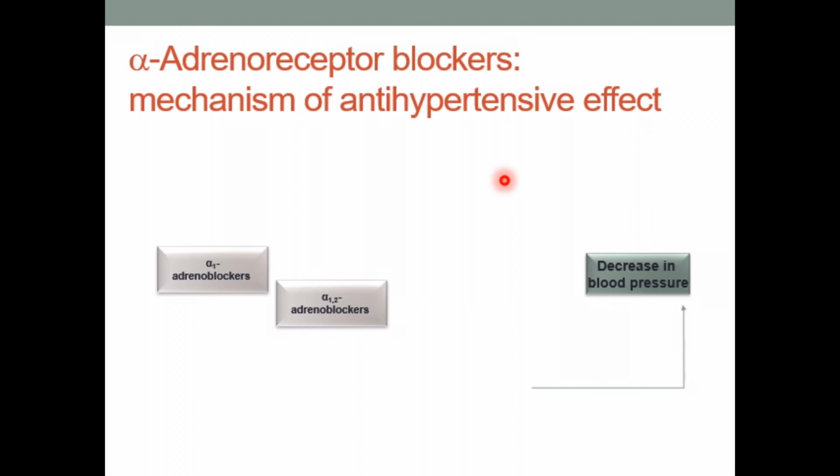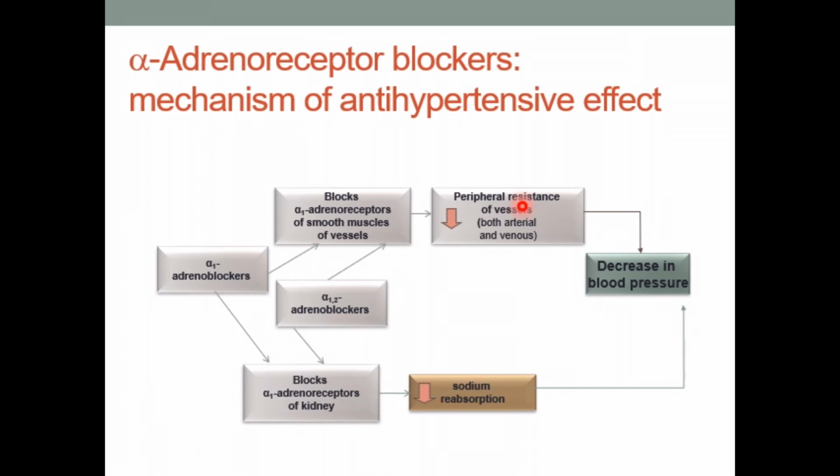To have a look in more detail at the mechanism of alpha receptor blockers: you have selective alpha 1 blockers. They will bind to the alpha 1 receptor in the vessels, and we've already discussed this.